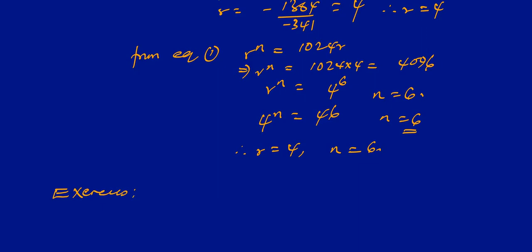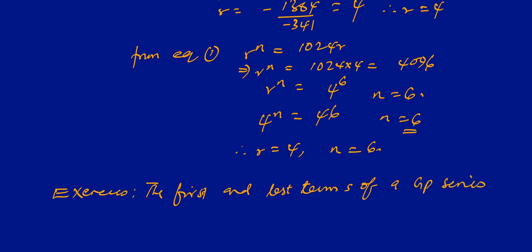Just change the first and last terms of a GP series, which are 3 and 768.